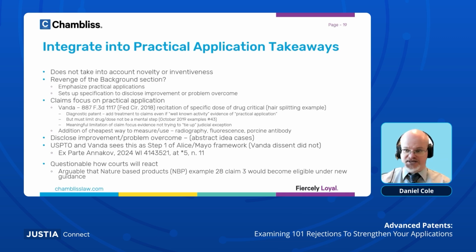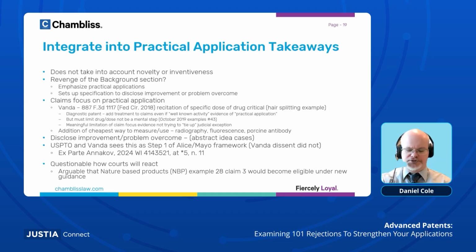So if you've got a diagnostic patent, which this was, add treatment claims. Even if those treatment claims are well-known activity, that's evidence of a practical application, because you're curing a disease, and this is something that is practical. But you must limit the drug and the dose. It must not be a mental step.